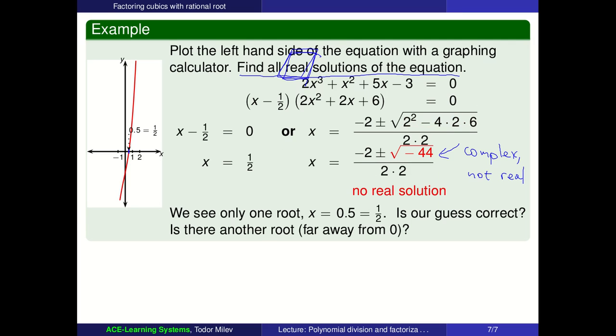So on this side of our equation, we should write no real solution. Once again, there are complex solutions, namely negative 2 plus or minus radical of negative 44 over 4, but the problem specifically asks us for real solutions. So on this branch of our solution, we write no real solution.